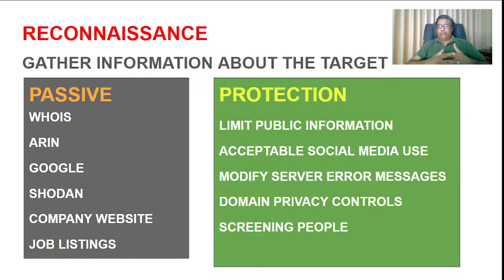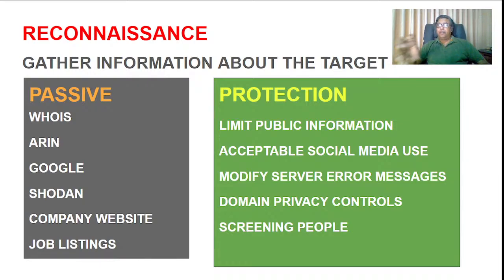So how do you protect? Limit public information. You don't have to shout everything outside to the world. Acceptable use of social media, that is the AUP policy, the acceptable use policy in your information security management system. Your users must adhere to that. Modify server error messages.